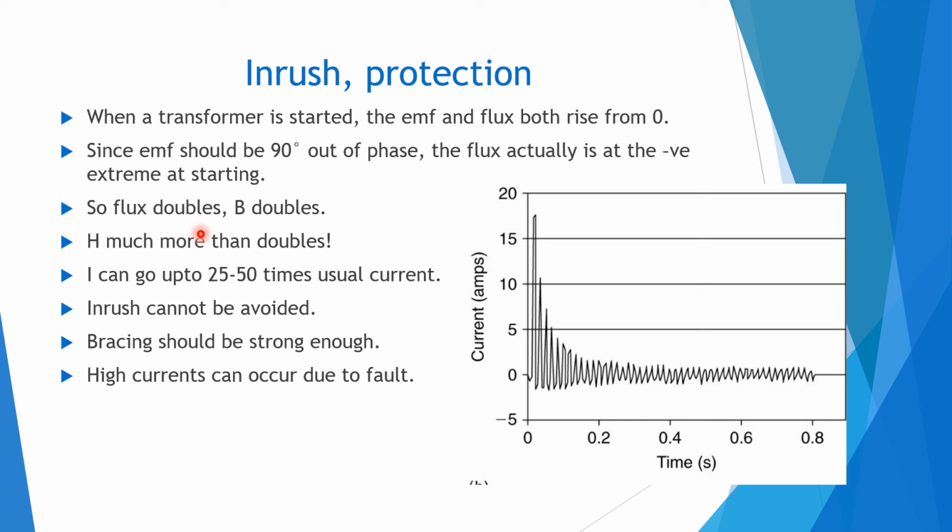And this high current that we are seeing here, this is for 0.1 second, right? If it goes for like 1 second, you know that this is not inrush. There is something else going on. Some fault has occurred. There is some short circuit that has occurred somewhere in the circuit, somewhere else, not here. But that somewhere else fault is causing a lot of current to flow through the transformer, and its windings are getting burnt.